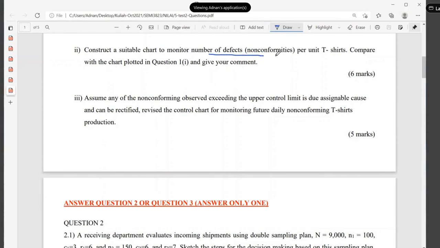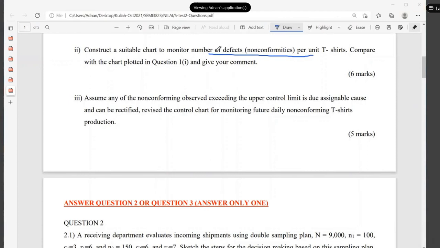Number of defect. What chart? Non-conformities per unit t-shirt. Any suggestion? Please respond to chat box or on your mic. Okay, what chart? U chart. Okay, Ardini. Okay, that's correct.